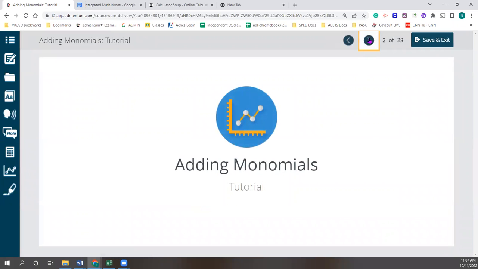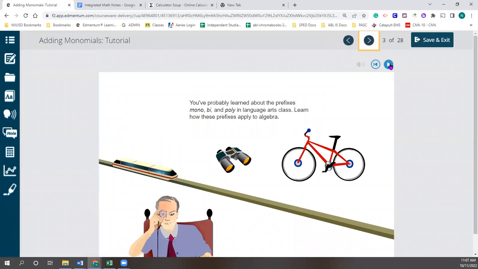Adding Monomials tutorial. I'm going to go ahead and let the slide narrator narrate so that it speaks exactly what's on the screen. I don't add more to it, and we go from there. You've probably learned about the prefixes mono, bi, and poly in language arts class. Learn how these prefixes apply to algebra.